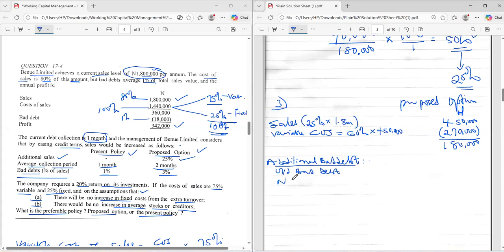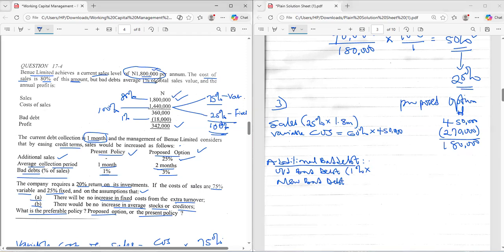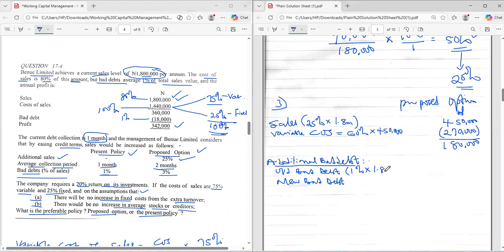The old bad debt was 1% of how much? Of 1.8 million, the total sales value. Multiplied by 1.8 million, what's our old bad debt?